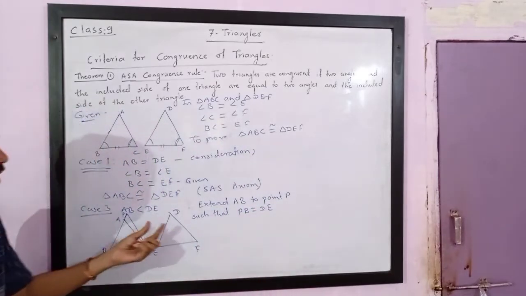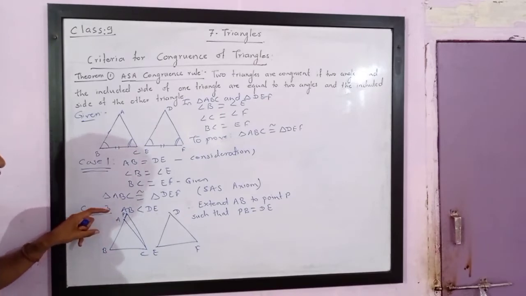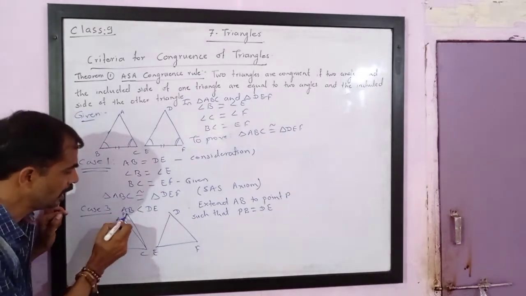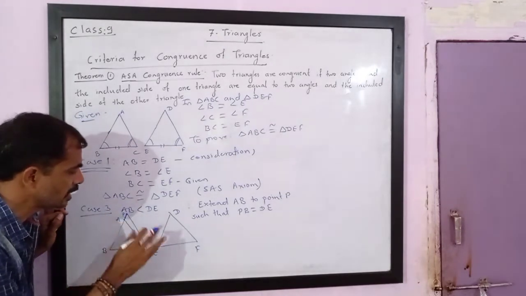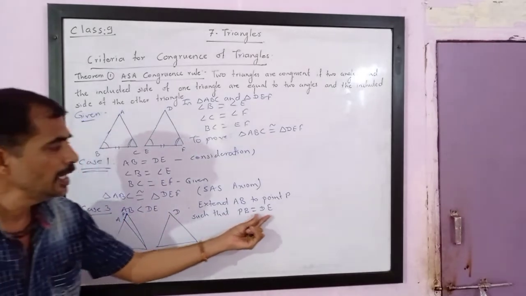What we have done is considered the third possibility, that AB is less than DE. By extending AB further, we get some point P such that PB is equal to DE.